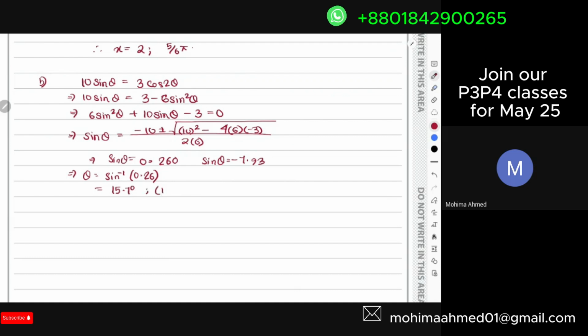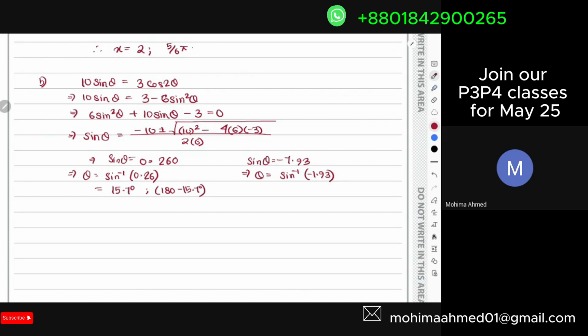Then your second value will be 180 minus 15.1 degrees. And how much is going to be your third value? The third value is 360 plus the first value, which will be greater than the range. So we're not going to accept that, and we're not going to waste our time writing that. After this, we can write the value for theta as sine inverse of negative 1.93.